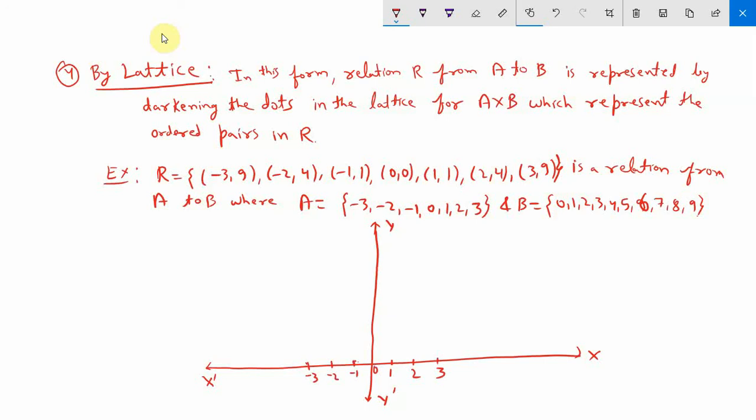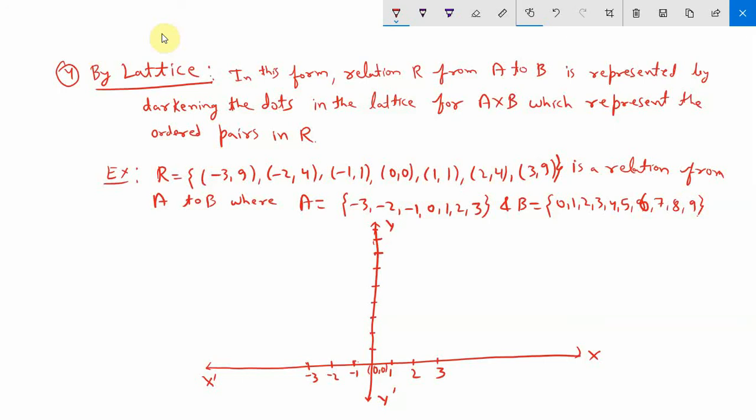Then we represent on the vertical line the set B elements, which are 0 to 9: 0, 1, 2, 3, 4, 5, 6, 7, 8, and 9.